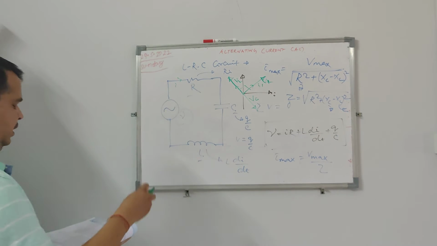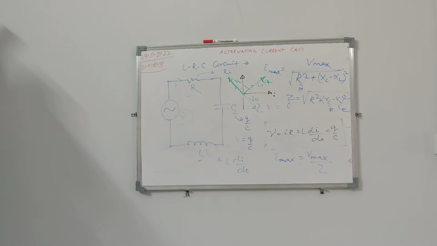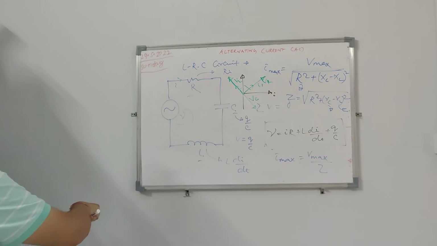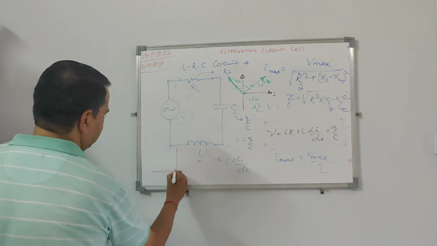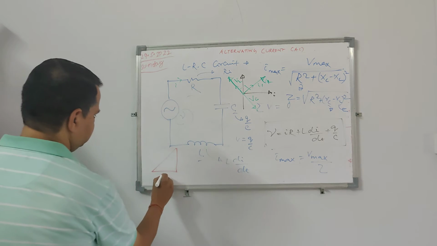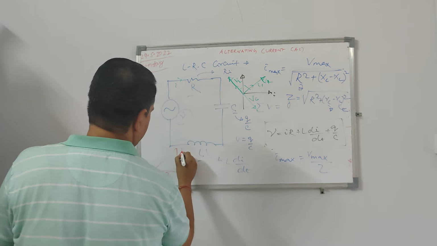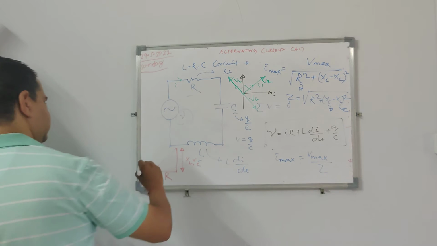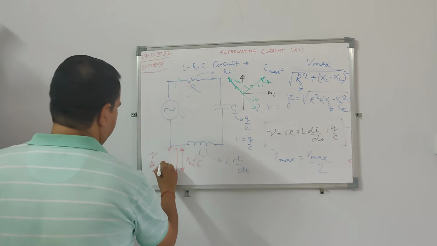If you draw a triangle here, say this is R, and this is XL or XC or whatever, and this is my impedance Z, then my angle is phi.